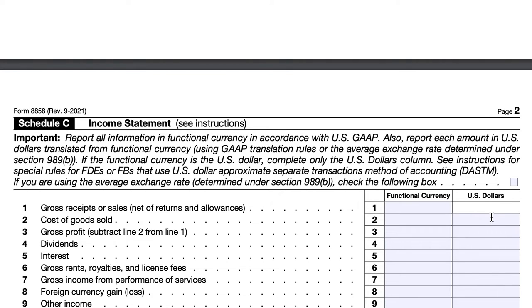And then there are instructions for special rules if you use dollar approximate separate transactions method of accounting. That's DASTM. And specifically, the functional currency column should reflect local hyperinflationary currency amounts figured in accordance with U.S. GAAP. And then there's specific guidance under Treasury Regulations Section 1.985-3(c) on how to account for this on Schedule H.